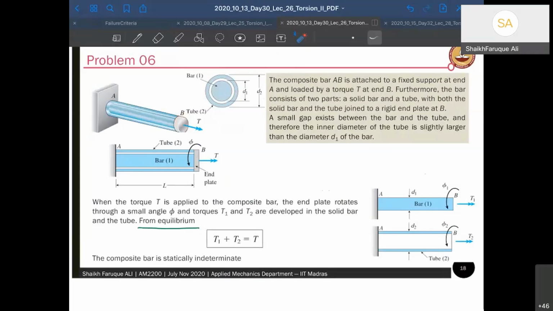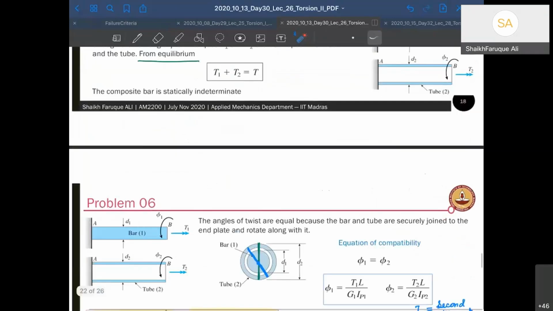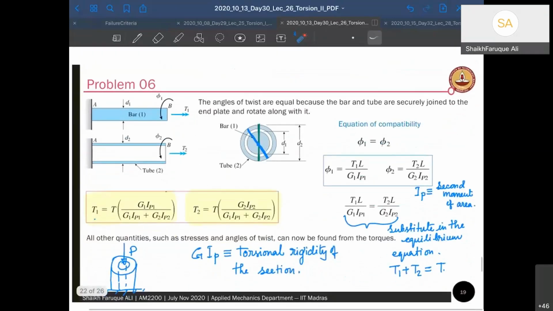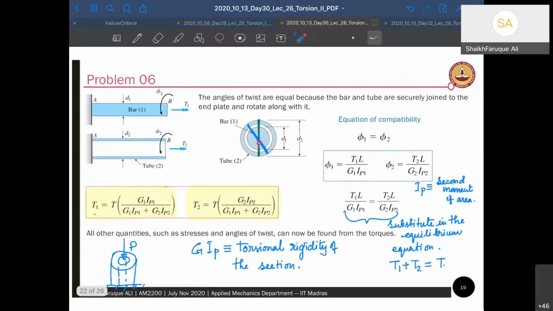So both of them at any cross section will have the same twist. Here is the diagram for you. Because the fixed plate at the end is not deforming, that makes sure that everything rotates by the same amount.